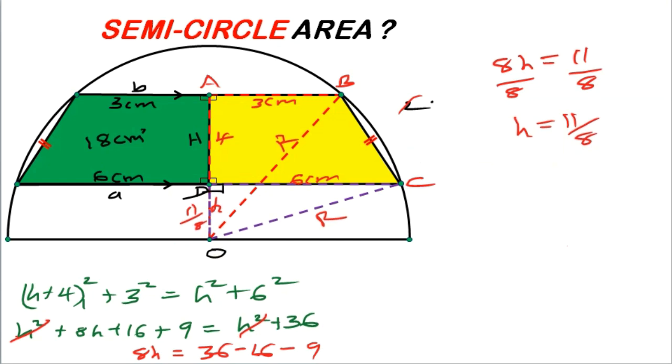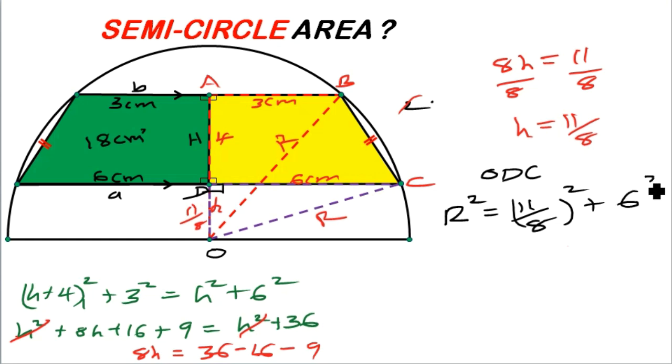Now that one makes our work simple. So we can now get r squared using any triangle. We can use triangle ODC the way we had it previously. So from triangle ODC you have r squared is from O to D, which is 11 over 8 squared, then plus from D to C is 6 squared.